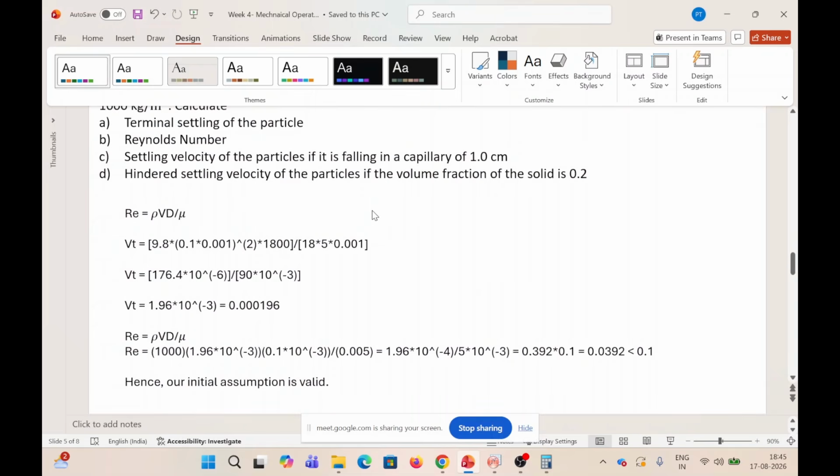Now, how to calculate the settling velocity of the particle if it is falling in a capillary of diameter 1 centimeter? This is a laminar flow.